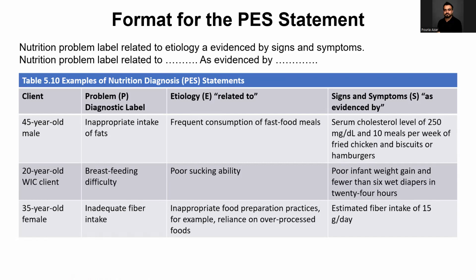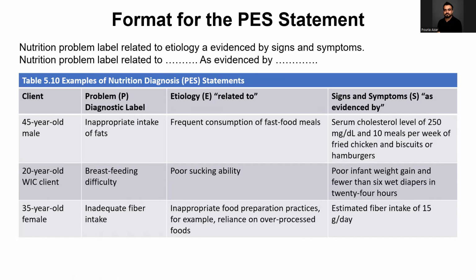For the second client, we say breastfeeding difficulty related to poor sucking ability as evidenced by poor infant weight gain and fewer than 6 wet diapers in 24 hours.